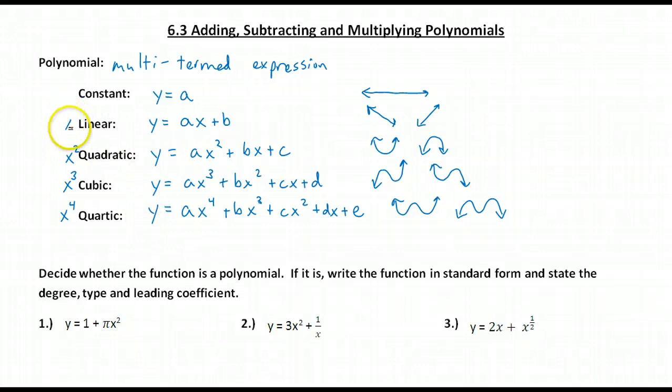Linear, x to the 1st power, but we don't actually write that 1 when we write our equation. And our constant, we actually have x to the 0 power. And if you remember, x to the 0 power is just 1. That's how we get this constant term. Now, quartic is not the highest power of x. We can keep going. In fact, the polynomials keep going on for infinity.